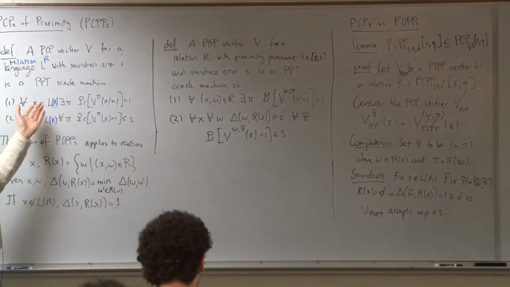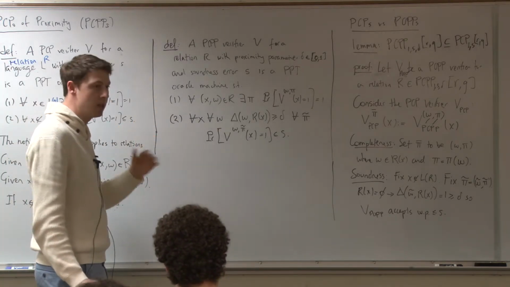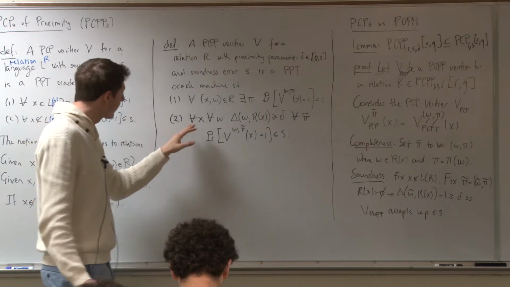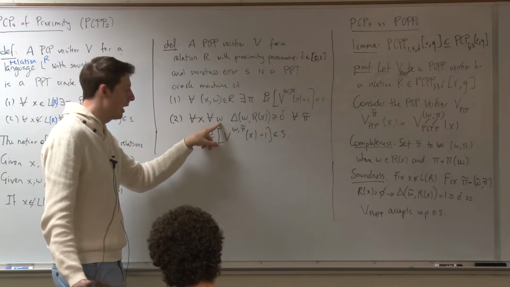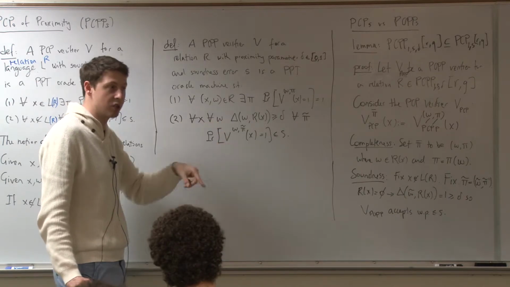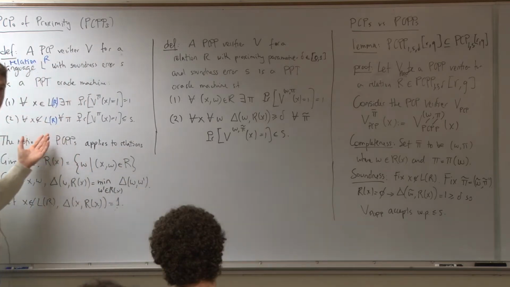We already knew what to do, right? These proofs of proximity are specifically geared to tell you more, that even if X is in L, but W is far from all valid witnesses, you still reject. Okay, this is a new capability that we didn't have before, right?